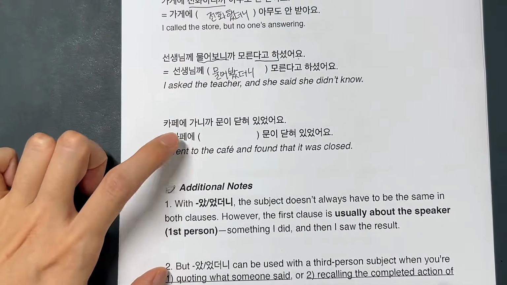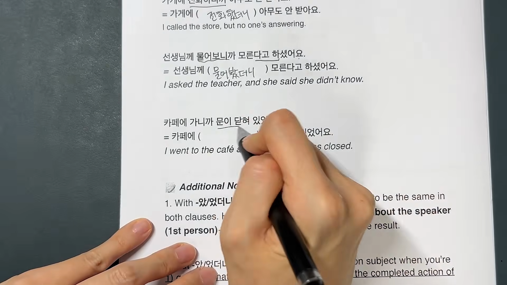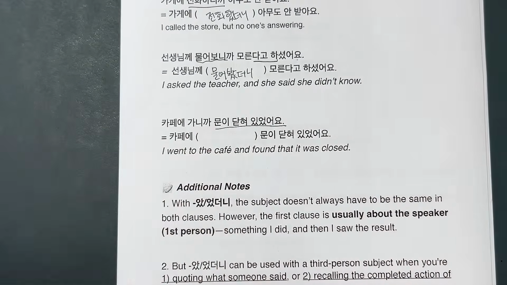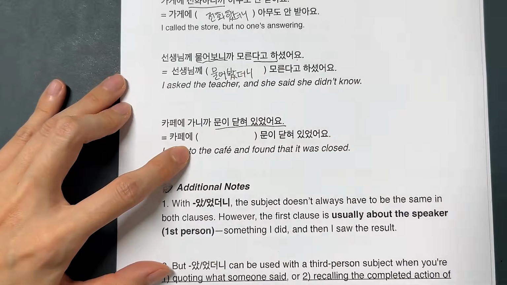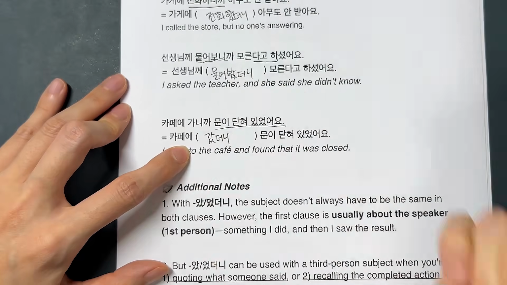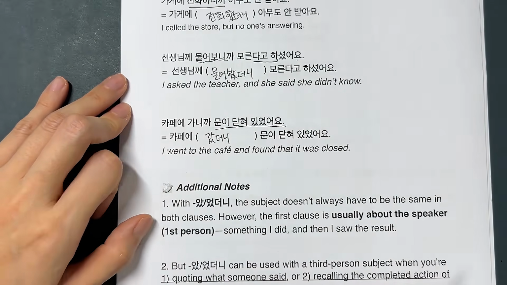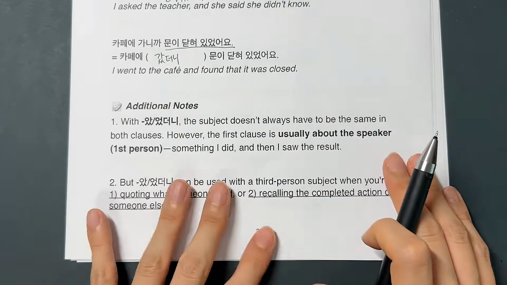And the last one, 카페에 가니까 I went to the coffee shop and I discovered 문이 닫혀 있었어요. The door was closed, and this can also be expressed as 카페에 갔더니 문이 닫혀 있었어요.